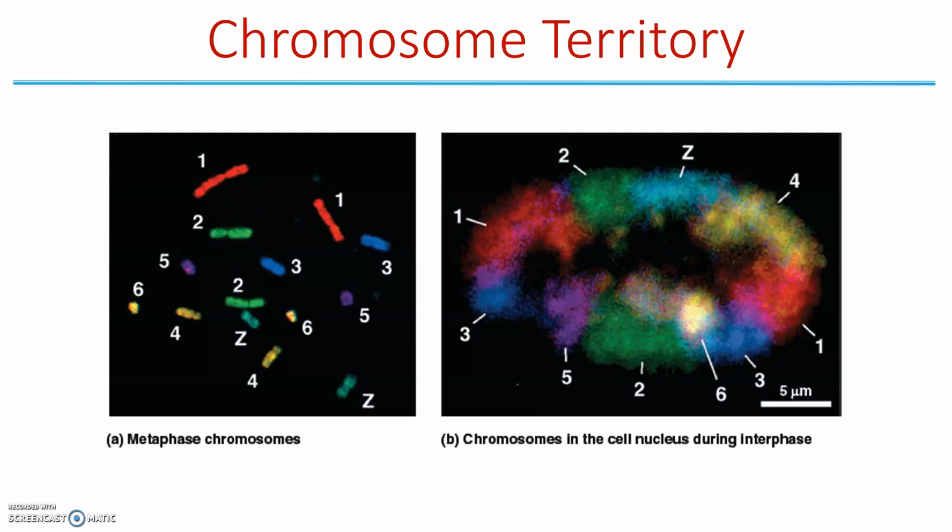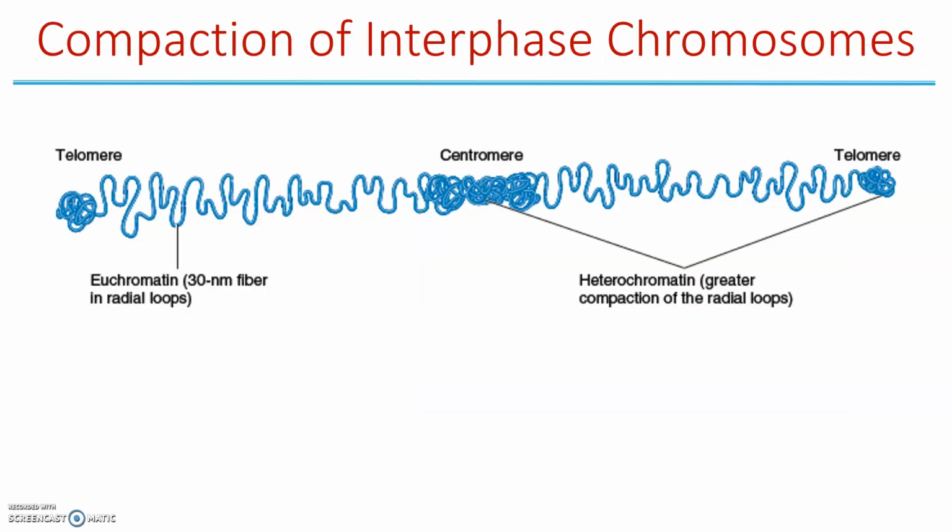So each chromosome in the nucleus has its own distinct area that it occupies. And it's also important to note here that the compaction of the interphase chromosomes is different. So this goes back to our discussion about euchromatin and heterochromatin. Euchromatin and heterochromatin during interphase have different compaction.